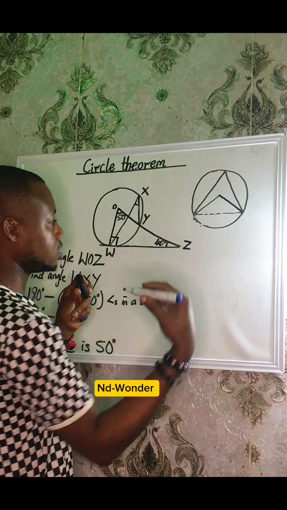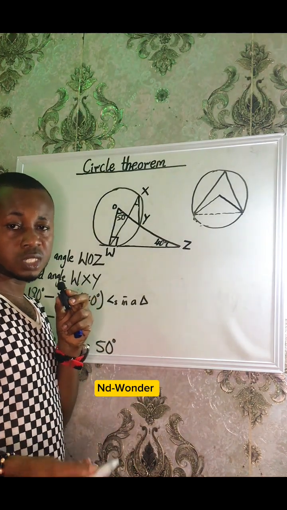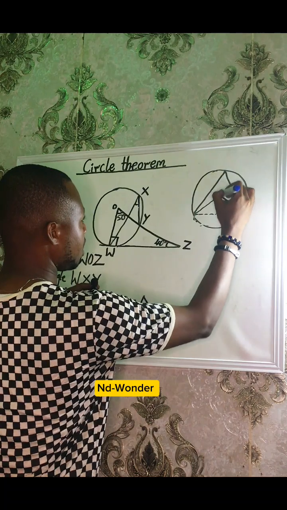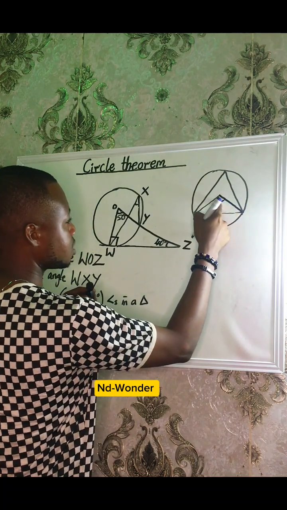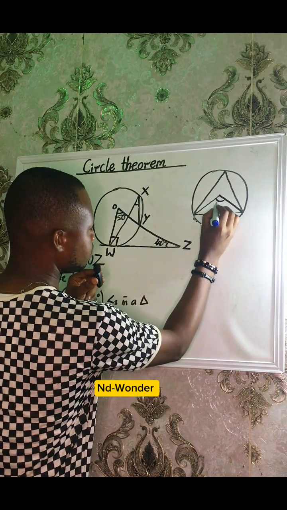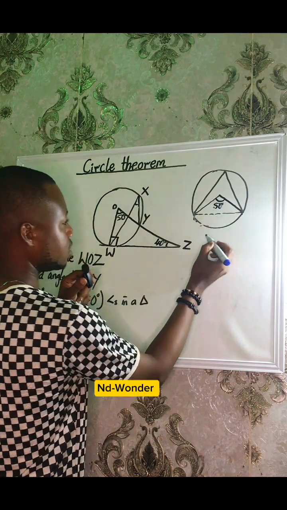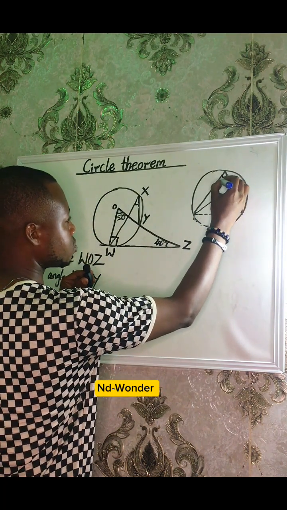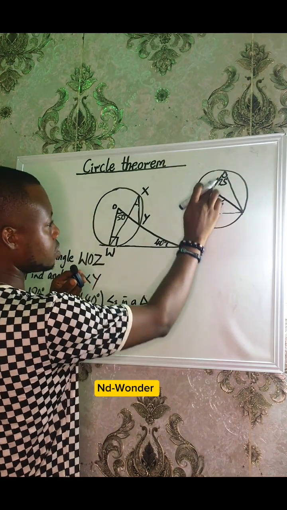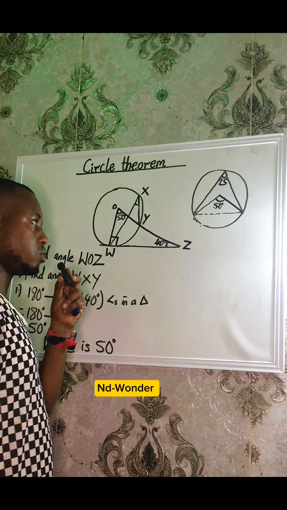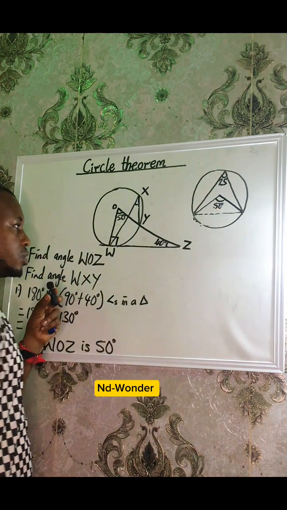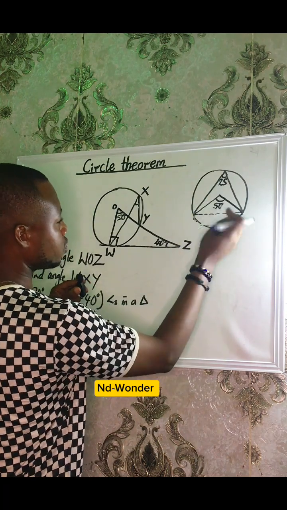So in this case, the rule or the concept we hold is that the angle at the center must be twice the angle at the circumference. So if here is 50 degrees, definitely here will be 25 degrees. Yes. Angle at the center will be 2 times the angle at the circumference. So angle at the circumference is half of angle at the center. It's not only in this kind of position.